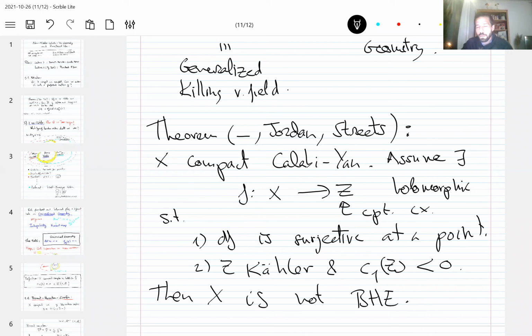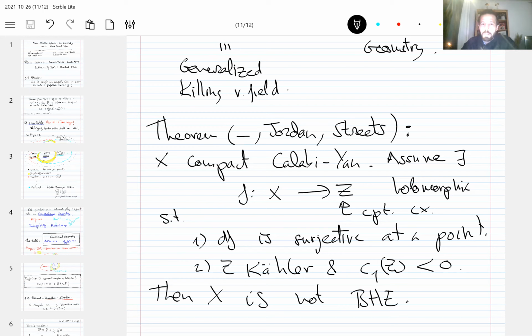Okay. So the first examples we can find easily out of this result are compact complex surfaces with non-negative Kodaira dimension. I will mention further examples by the end of my talk, but let me leave it here.